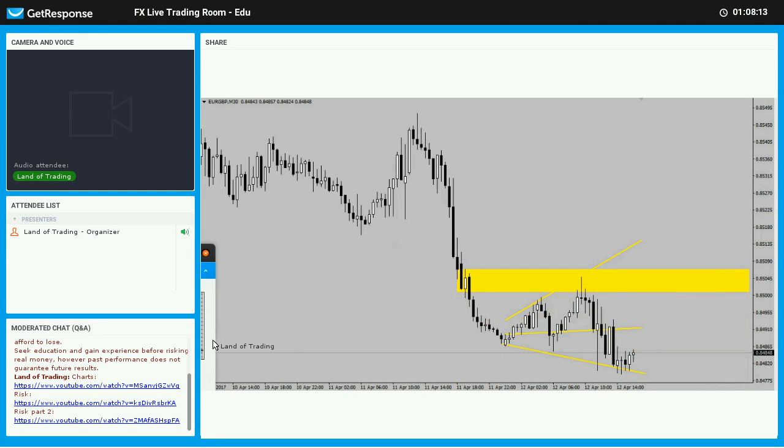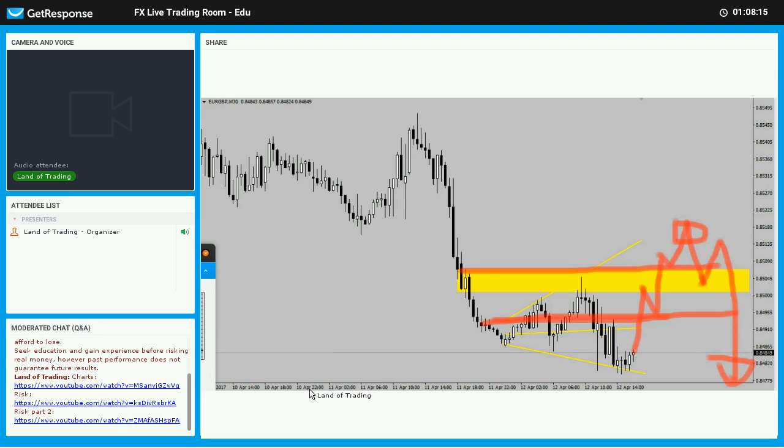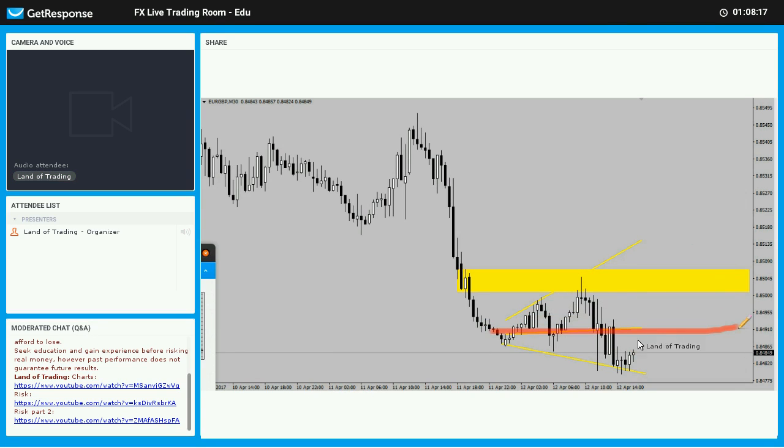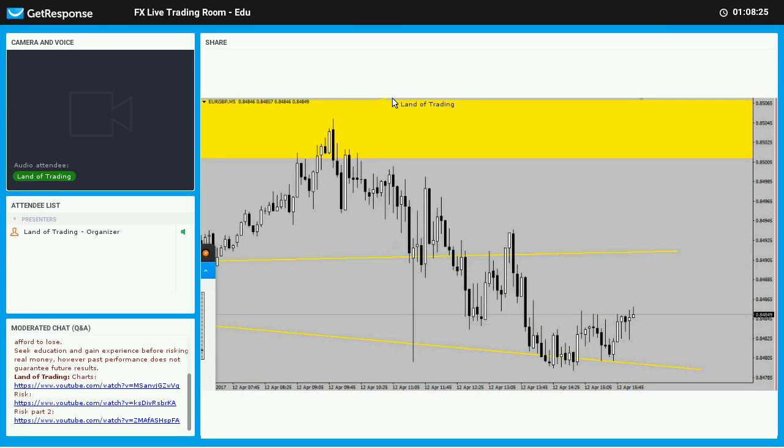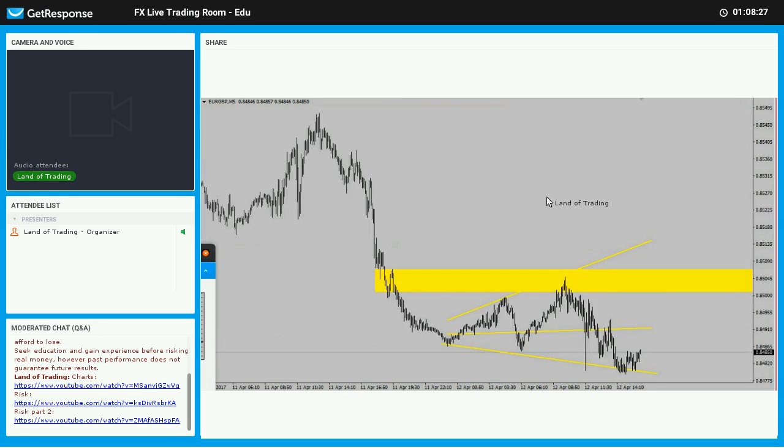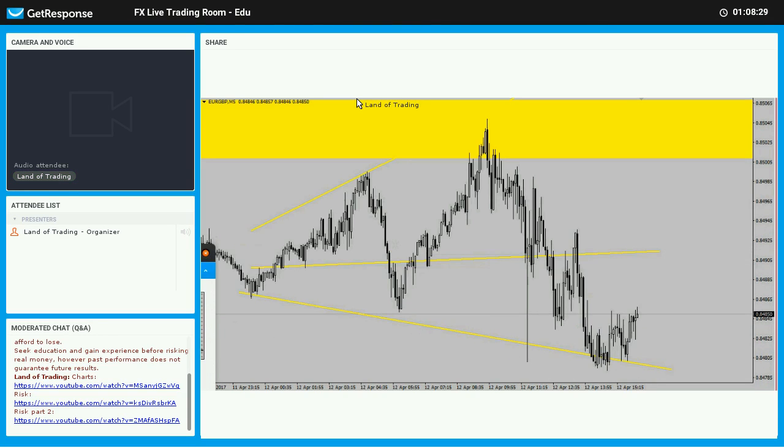If you are a bull, we can switch to a smaller time frame. For now, we don't have any sign of this trend. That was the low, lower low.